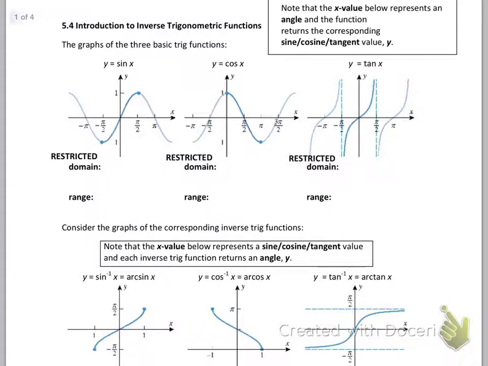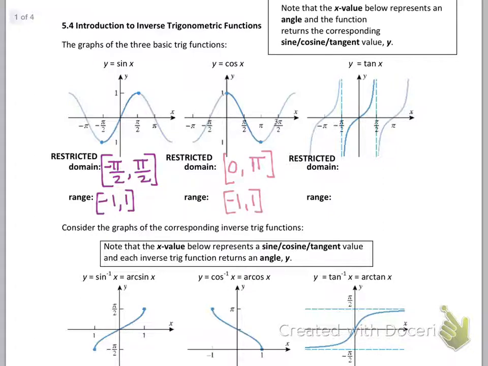So my first restricted domain for sine is going to be negative pi over 2 to pi over 2. And the range of this is negative 1 to positive 1. For cosine, we have 0 to pi and negative 1 to 1.